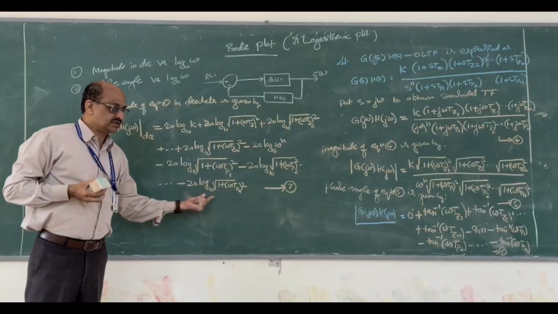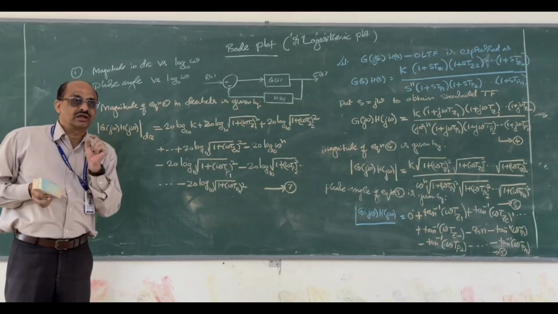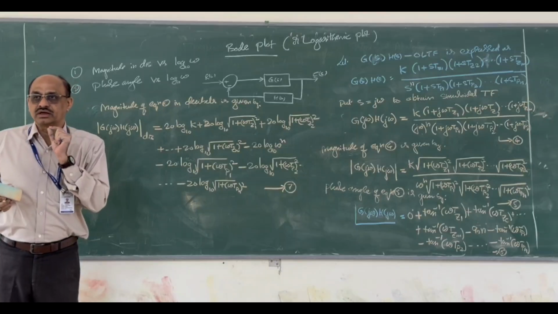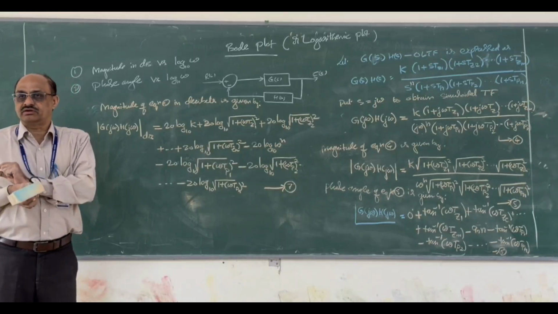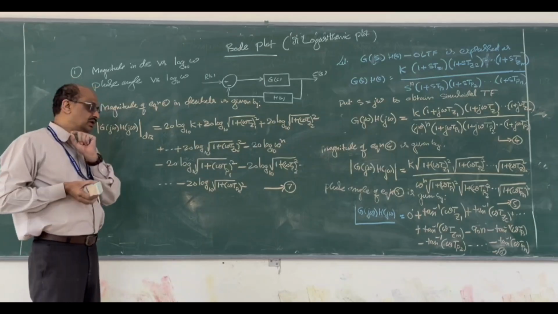So from equation 7 it is clear that there are several factors, and the factors can be drawn individually.